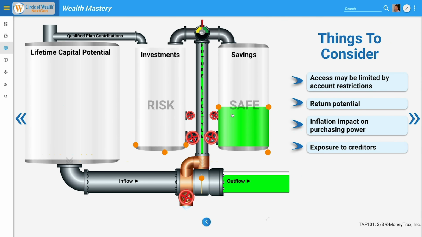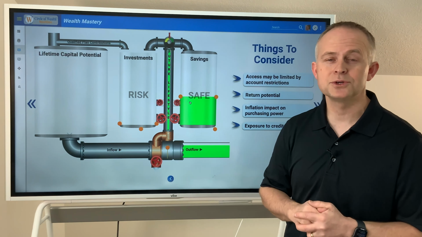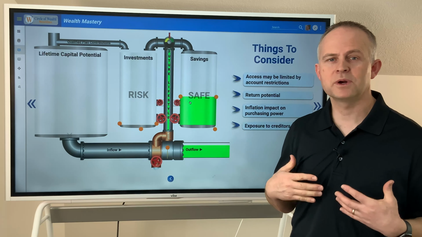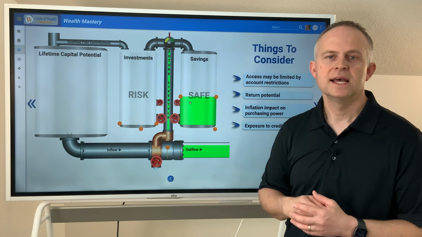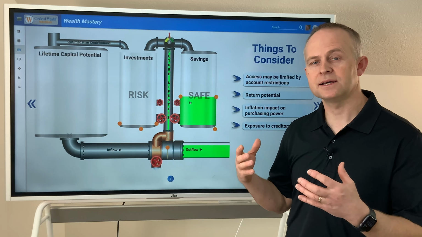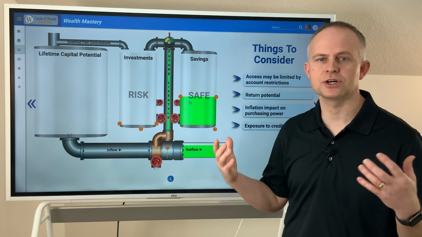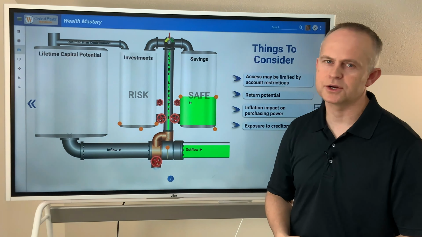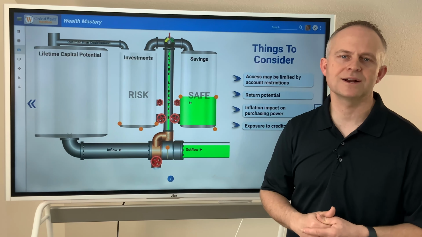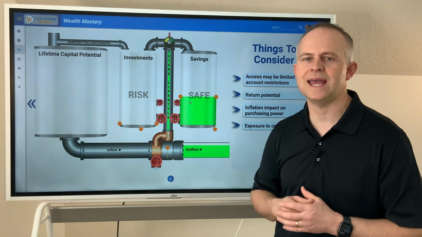And then also consider that if you have money readily available, maybe you have a bunch of money in the bank, this money is available to creditors. Let's say that one of your kids gets in a car accident and there's a major lawsuit involved. That money could be accessible, depending on what kind of insurance you have, to lawsuits and creditors. So these are just some of the things to consider as you're putting money into a taxable account.